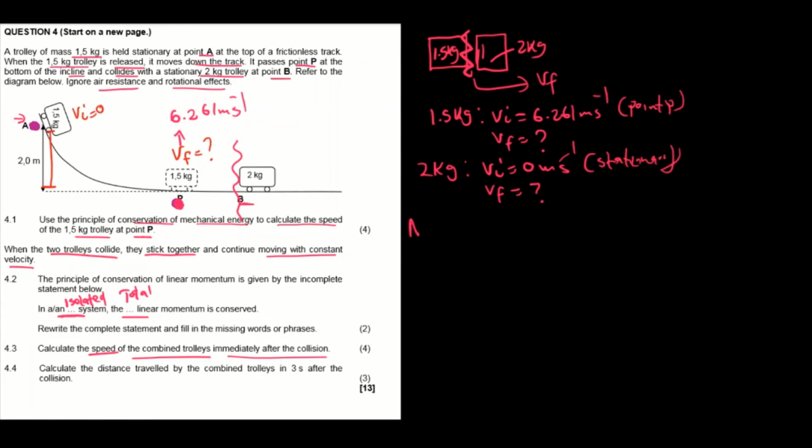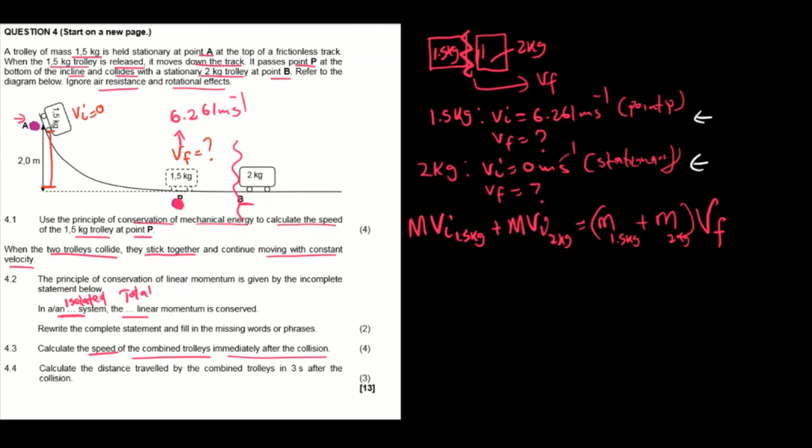So we're going to use the mv initial of the 1.5 kilogram trolley plus the mv initial for the 2 kg trolley, and then the mass of the 1.5 kg trolley plus the mass of the 2 kg trolley, they combine together and we'll have a final velocity. So we're going to substitute the information that we highlighted here.